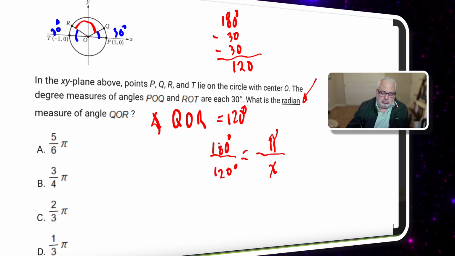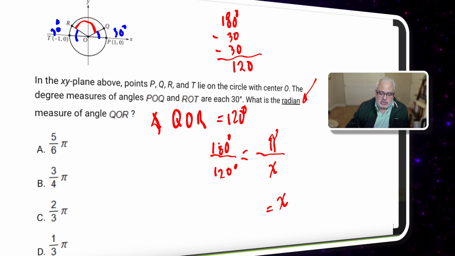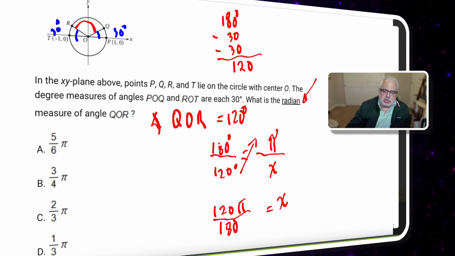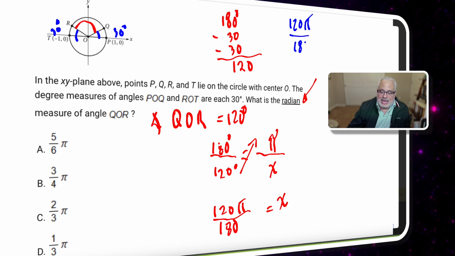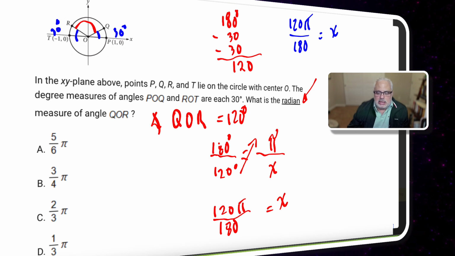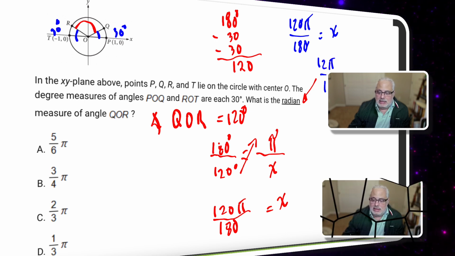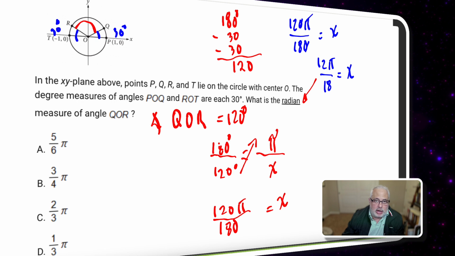So cross multiplication, x is equal to 120 times pi, divided by 180. So let me do it here in blue, 120 pi divided by 180. That will be the x. That will be the radians. So you can divide by 10, and you have 12 pi over 18 equals x, if you want to do it that way.